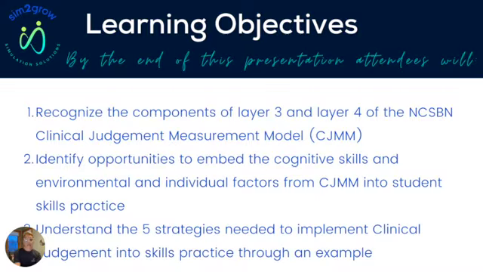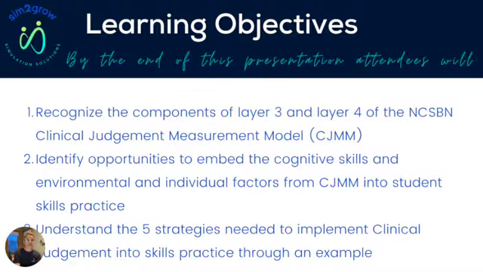Before we jump in, I just want to go over the learning objectives for the presentation. By the end of this presentation, attendees will, number 1, recognize the components of Layer 3 and Layer 4 of the National Council of State Boards of Nursing, NCSBN's Clinical Judgment Measurement Model.